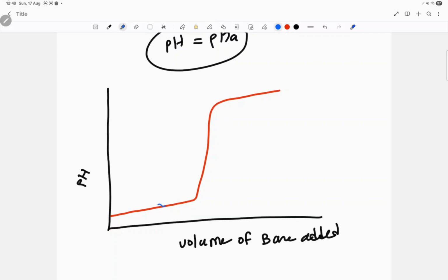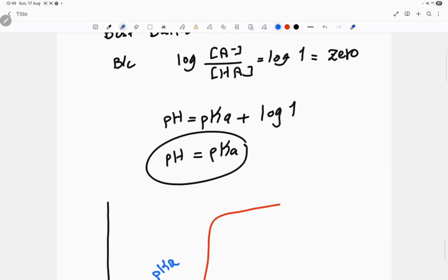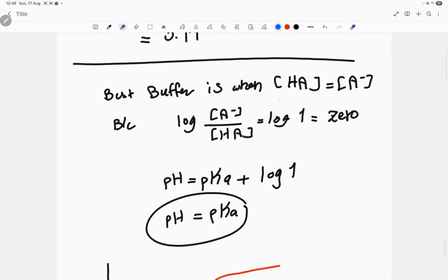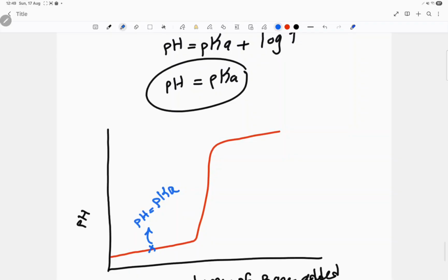Now, the midpoint of the semi-horizontal line is where the pH is equal to the pKa. That's the midpoint. And for that to occur, the conjugate base and the weak acid have to be the same concentration. Okay? So pH is equal to pKa at the midpoint of the first horizontal line.